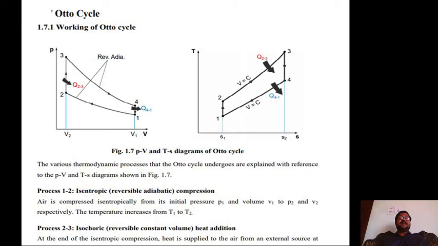V3 is less. This is V3. V3 and V2 are the same because both are constant volume processes. This is very important: V3 is equal to V2, V4 is equal to V1.